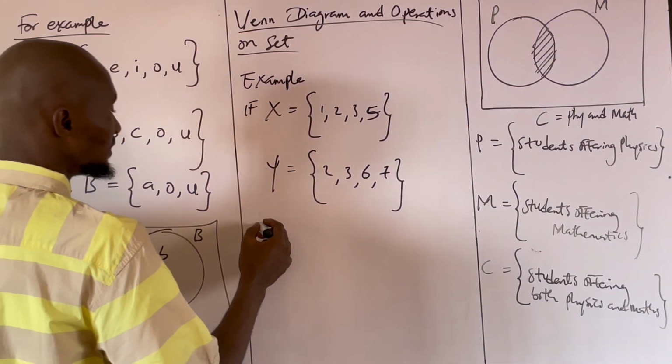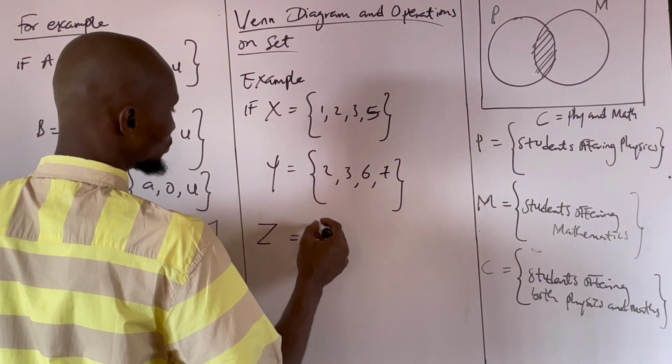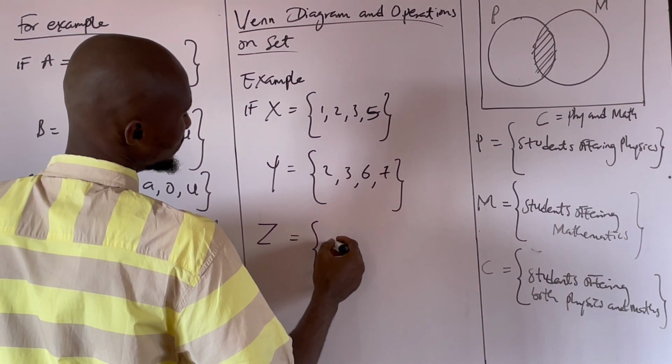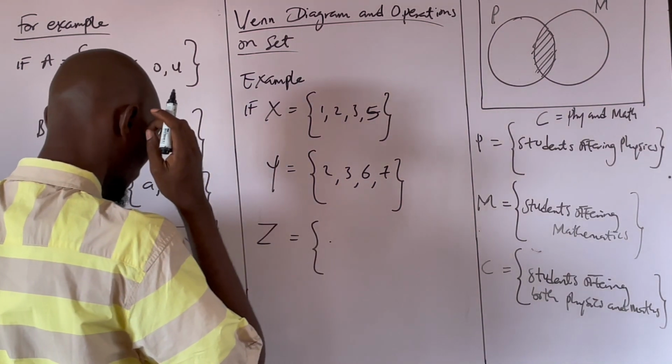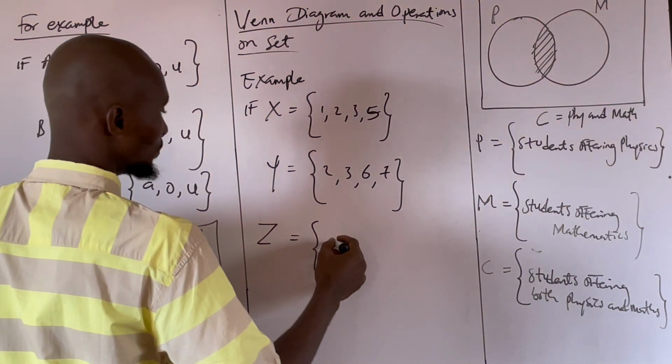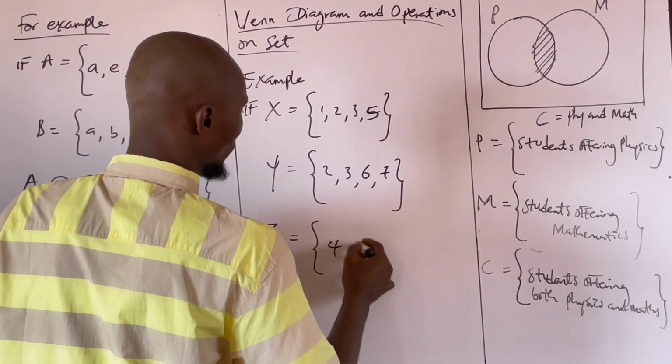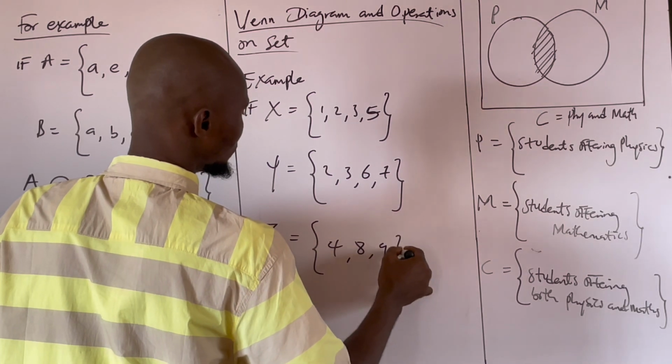And let me use z again, and z is equal to 4, 4, 8, 9.